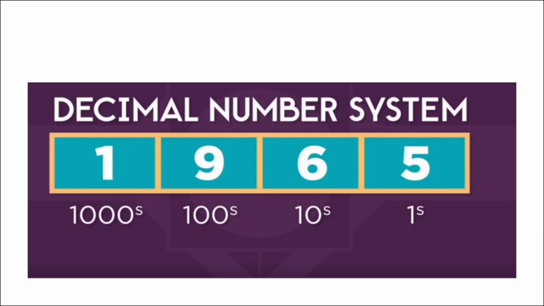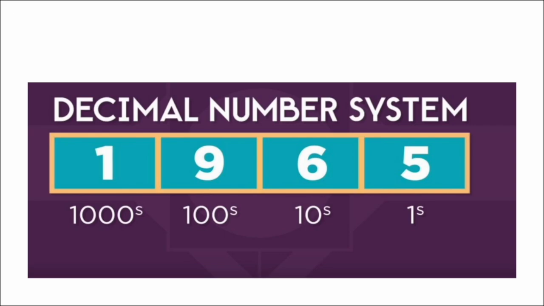In the decimal system, you get back the same number. So you do 5 into 1 plus 6 into 10 plus 9 into 100 plus 1 into 1000, you will get back 1965. But if you take any representation in any other number system and do this, you will not get back the same number, you will get a different representation in decimal basically.